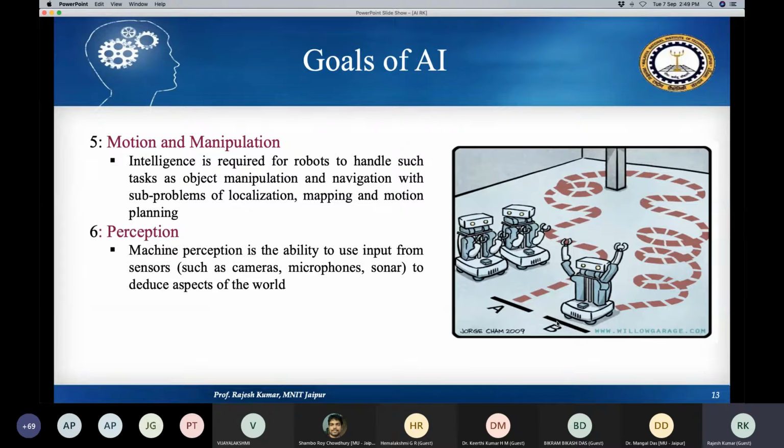We have a lot of sensors like cameras, microphones, and sonars, taking inputs from the outside world. But then those inputs are there in your computing system, and we want our algorithms and mathematics to develop a certain kind of perception from those things.